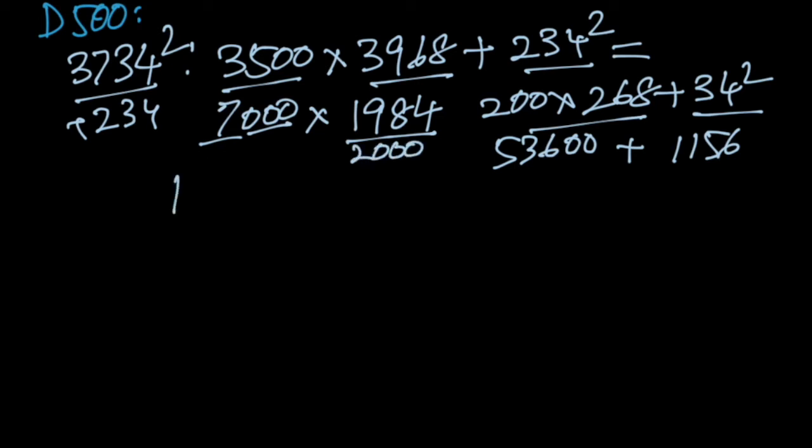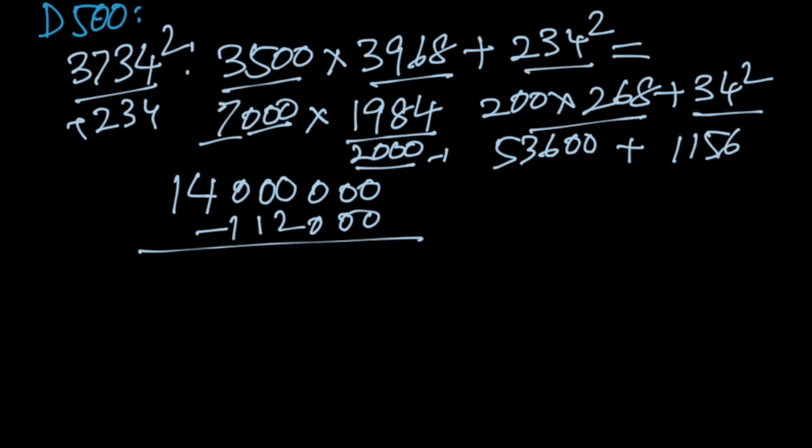So, we have 1 4 and then 6 zeros, 3 from here and 3 from here. Then we have to subtract 16 times 7000. So, 16 times 7 is 112 and then 1000. So, we have to subtract 112 from this. So, we get this 0, this becomes 888 and this is 13, plus 536 double 0.